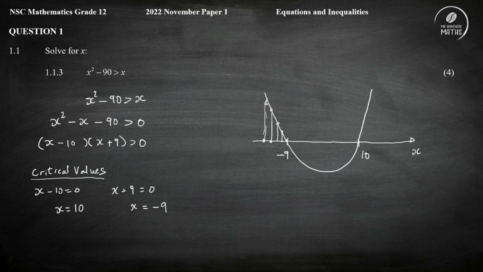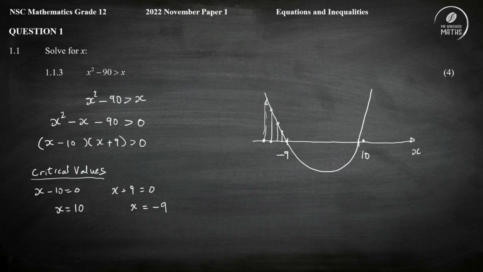As soon as x is equal to negative 9, our output value is 0. Now, anything bigger than negative 9 and remaining less than 10 would give us negative output values. We're not interested in the negative output values. We are interested in the output values greater than 0.